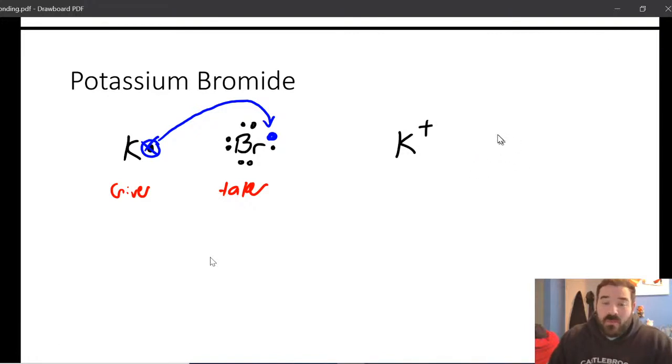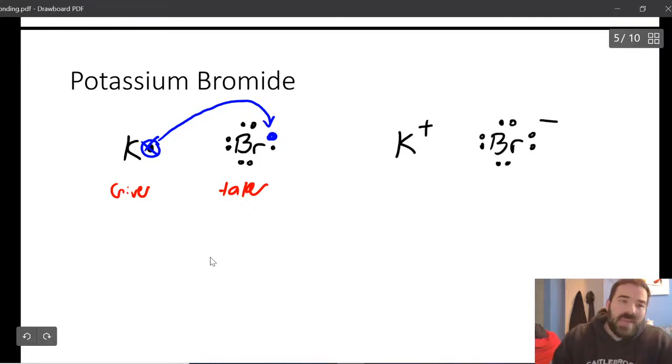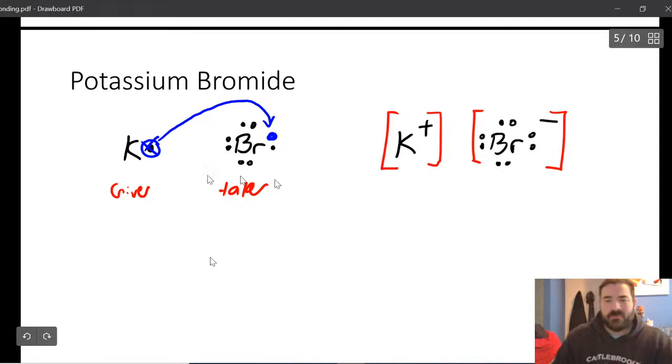Now, bromine, which is now bromide, has gained an extra electron, so I'm going to draw all its 8 electrons now. And because it has one extra electron than it normally would as a neutral atom, we're going to draw its charge as -1.